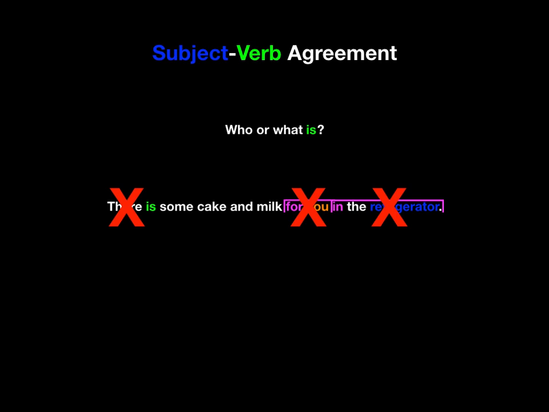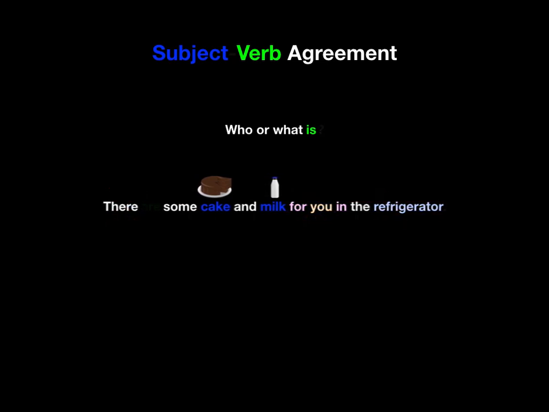This then leaves only two nouns, cake and milk, as the proper subjects of this sentence. Since we have two items, cake and milk, our subject is plural. Therefore, we will need a plural verb. So we need to change the verb is, which is singular, to are, which is plural.